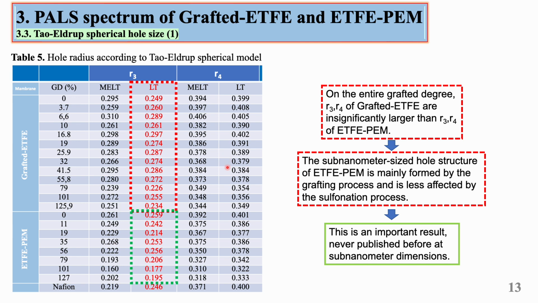And the subnanometer size hole structure of ETFE PEM is mainly formed by the grafting process and is less affected by the sulfonation process. So this is an important result never published before at the subnanometer dimension.